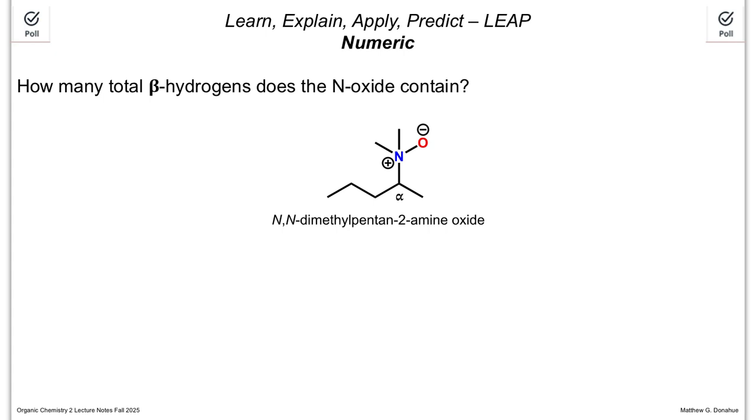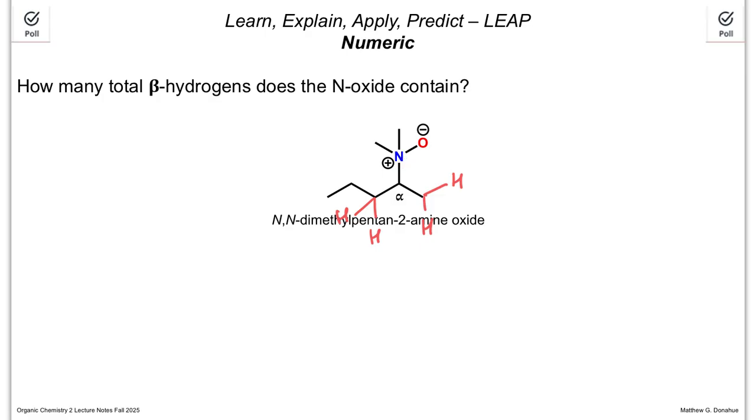So we might run a second or two over here. So what we have to consider is we need to form an alkene. So we look at the carbon bearing the nitrogen, and then we have to go one more carbon out.